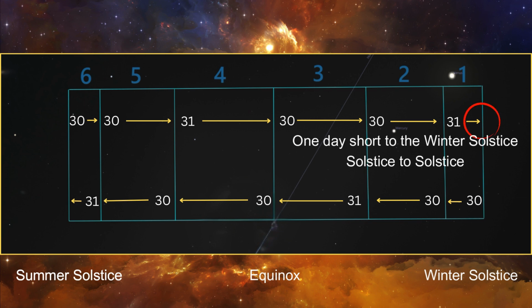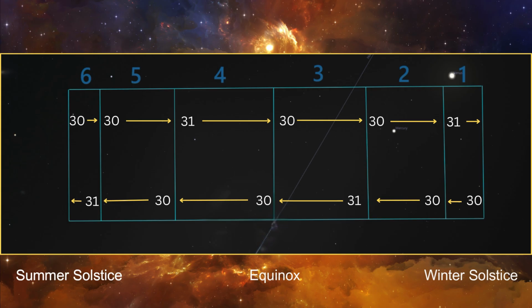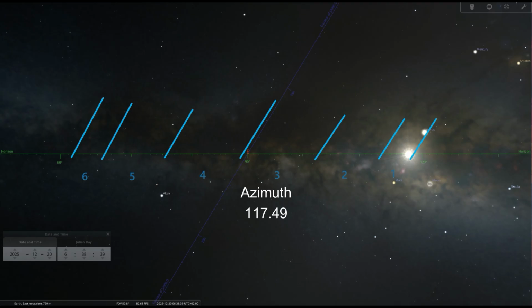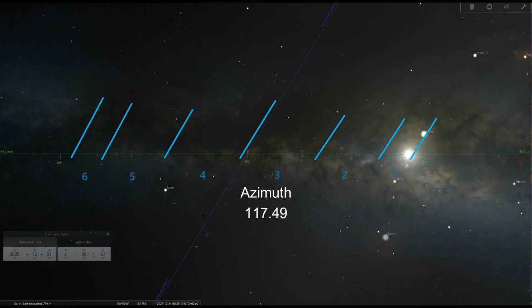Looking out toward the horizon and measuring from the azimuth, the difference is incredibly small, just a fraction of a degree. On December 20th, we're at 117.49 degrees, and on December 21st, it shifts ever so slightly to 117.50. So I'm going to put it on screen.